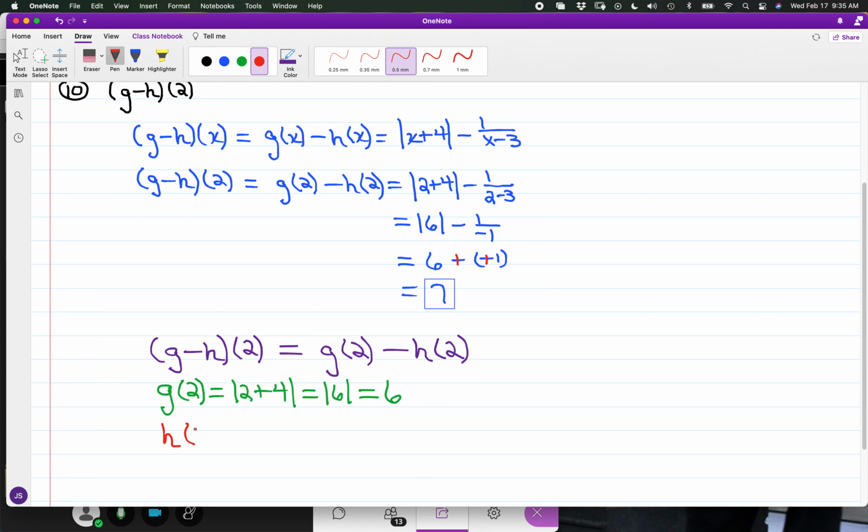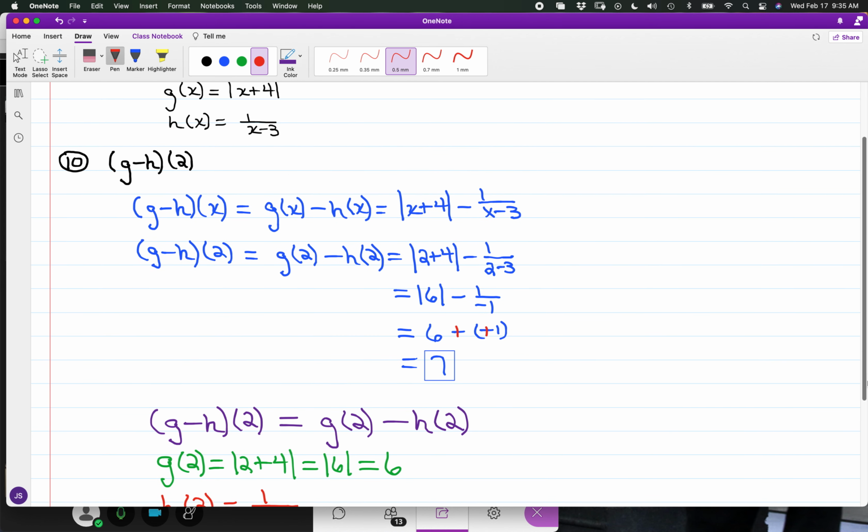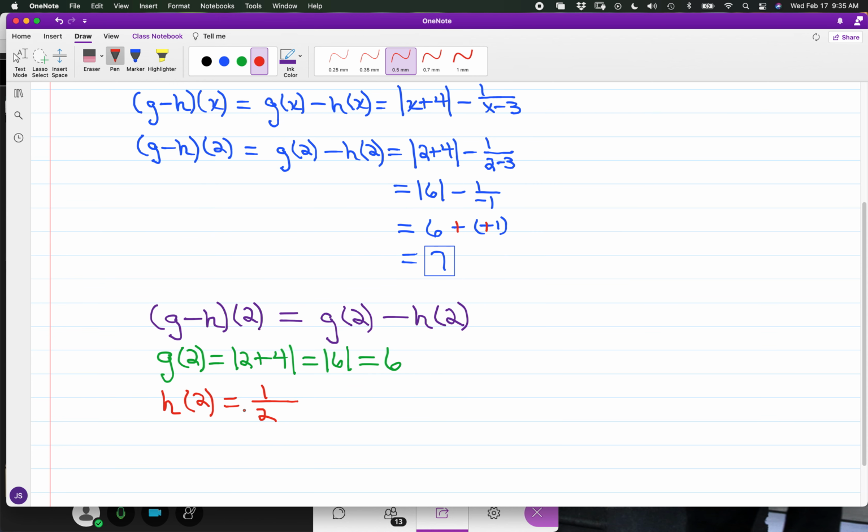As for what we have in the case of h of 2, so again, h of x we have at 1 over x minus 3. And so with x at 2, you have 1 over 2 minus 3. And we have 1 over negative 1, so this will come out to minus 1. And so just going back to what we have for g minus h of 2. Again we have g of 2, so that is going to be at 6.